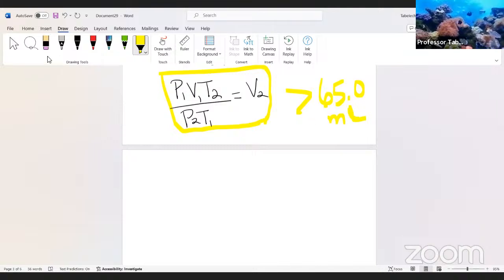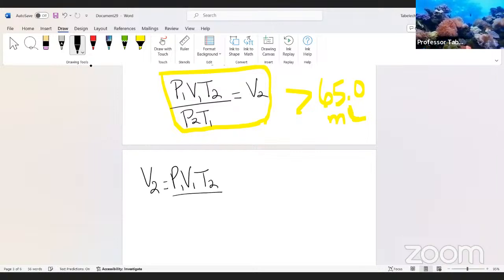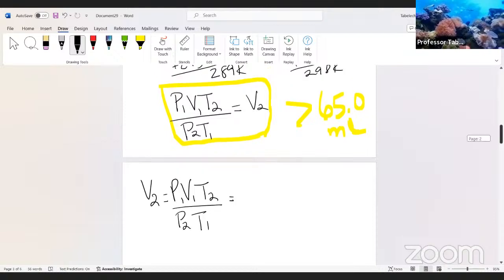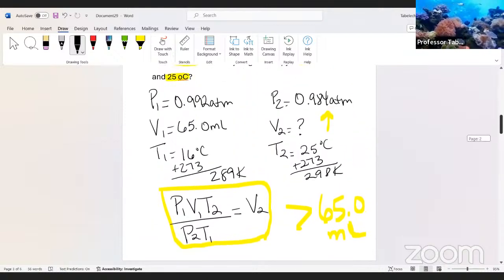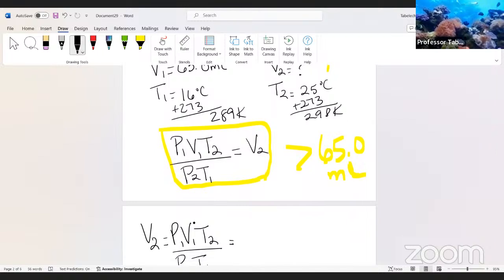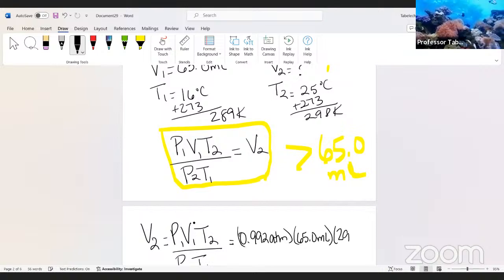All right, so let's go ahead and rewrite the formula in the correct manner so that we're able to plug these numbers in. And we're going to also cancel out our like terms, okay? So our P1 in this case is 0.992 ATM times V1, which was 65.0 milliliters, and my T2 is 298 Kelvin, okay?